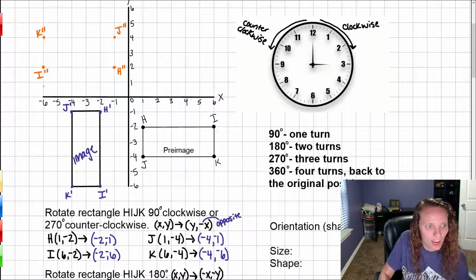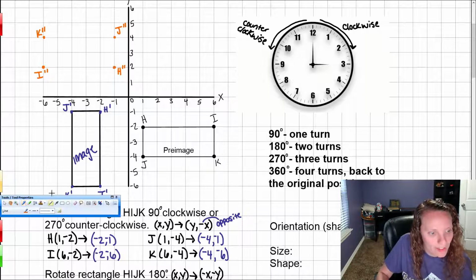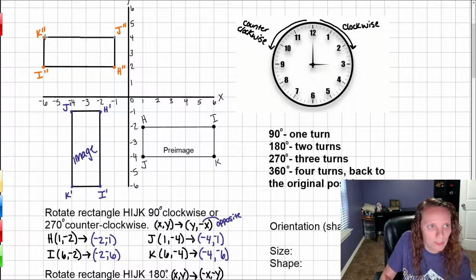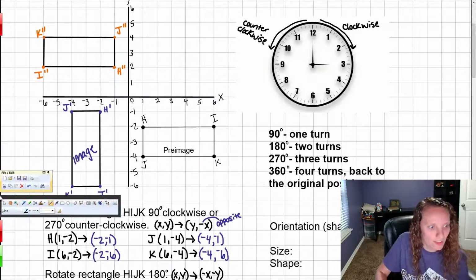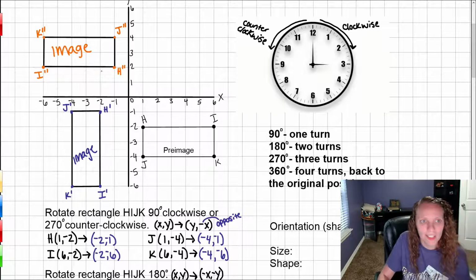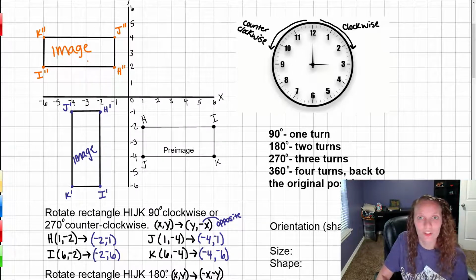And this is called I prime, and we're going to connect the dots to make our shape. Remember, after a shape has undergone a transformation, this is called the image. The starting shape is called the pre-image, and now this is our image. And this was a 180-degree rotation, either clockwise or counterclockwise.